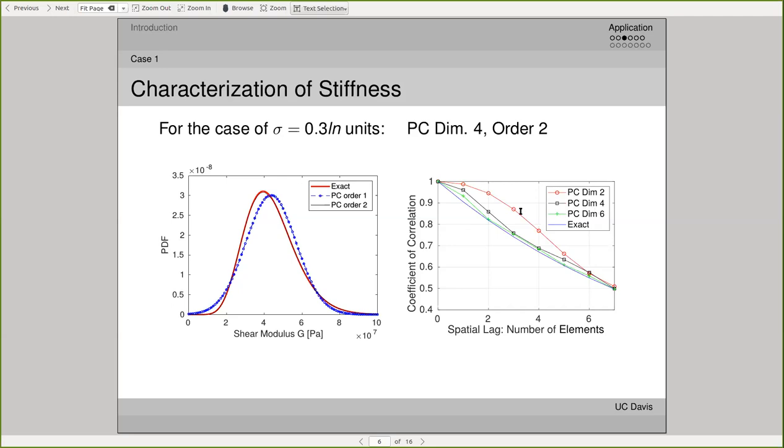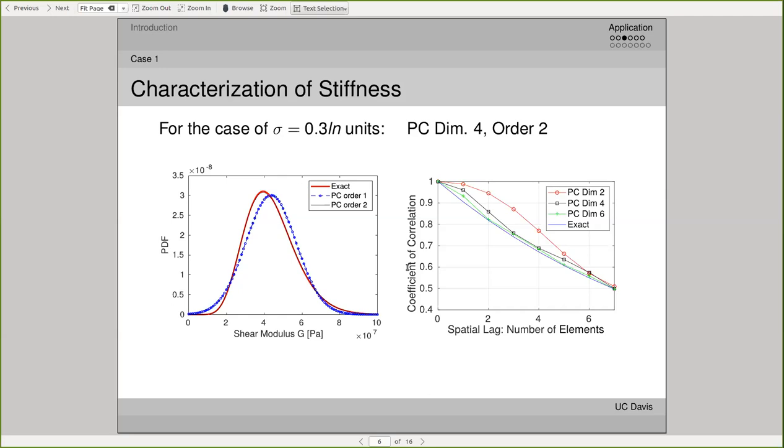Once we increase the dimension from 2 to 4, we have a very reasonable match to the underlying theoretical exponential correlation. So we will choose PC dimension 4 as our final choice. Overall, we are going to use a PC of dimension 4 and order 2 to quantify such an uncertain input stiffness field.